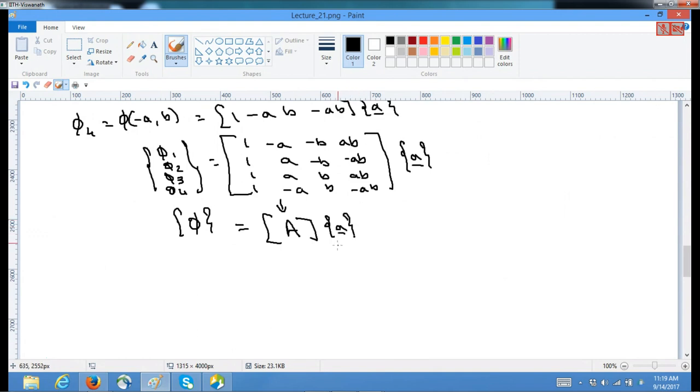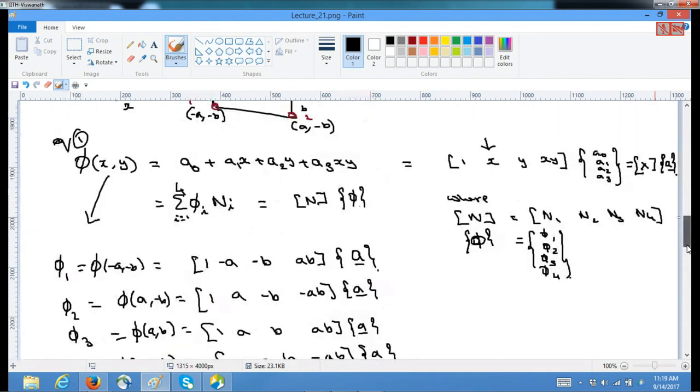Now if I want to work out this value, then I know that A vector is equal to capital A matrix inverse times phi. Now I take this and substitute in equation 1, which is here, right?